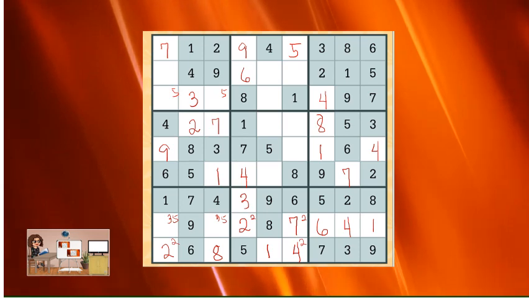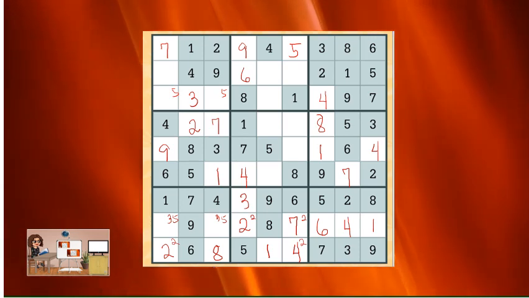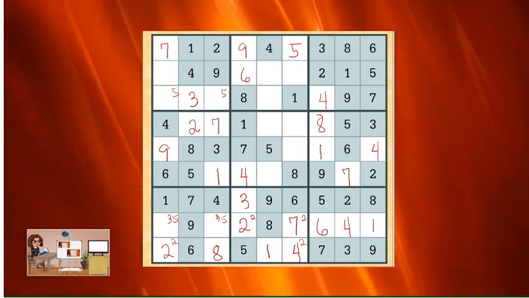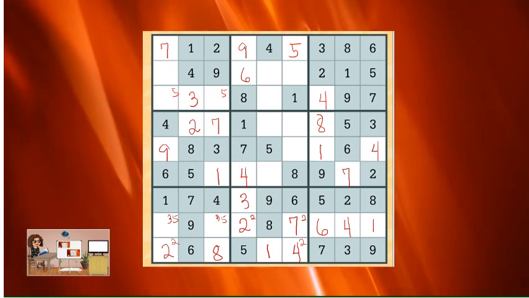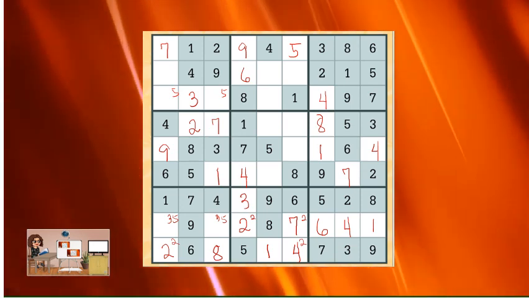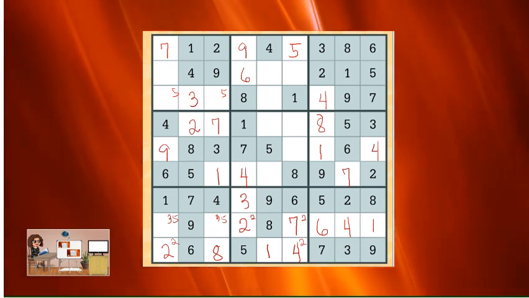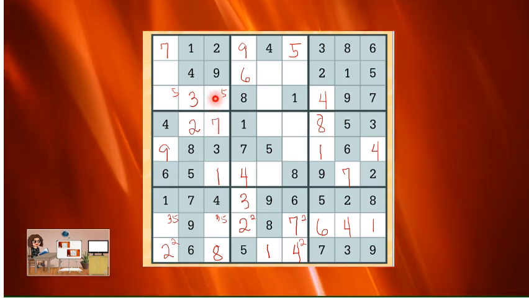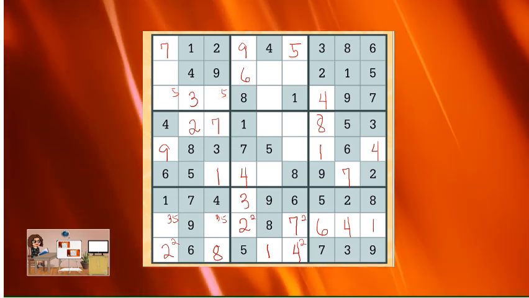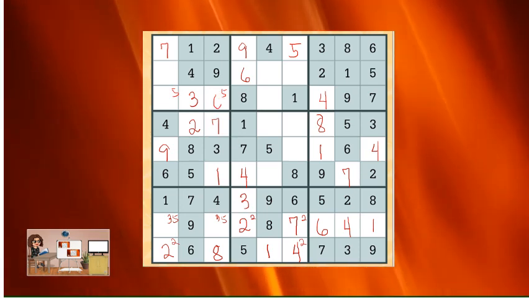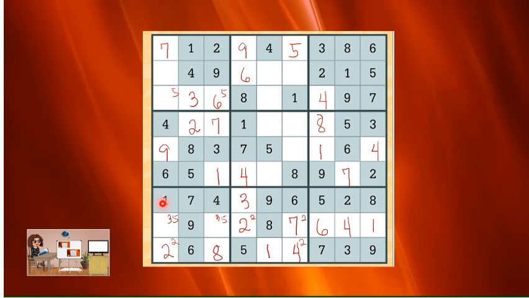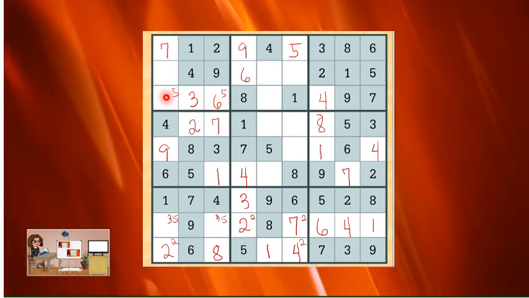So we cannot write 6 here because there's already 6 here. We cannot also write 6 in this cell because there's 6 in this column. So the cell where to put 6 is only here. So we write 6. So if this is 6, then this must be 5.